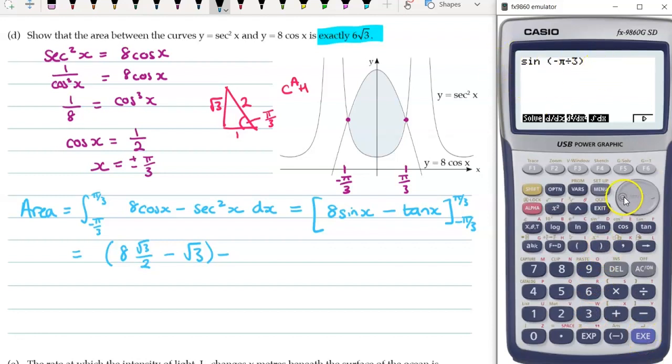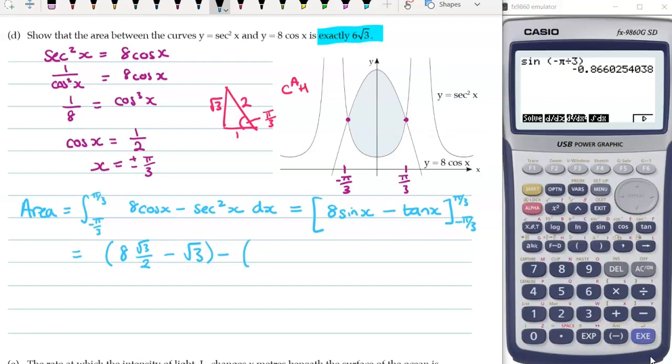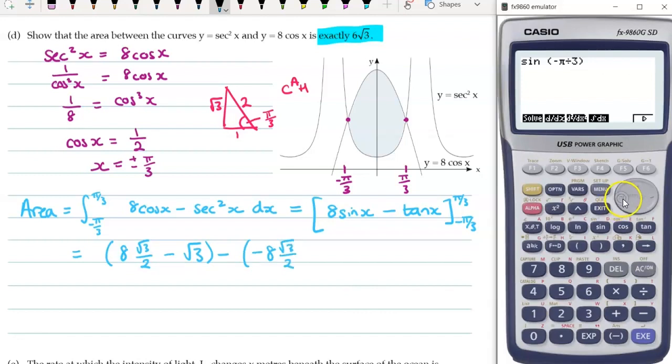So where I previously on the first one would have done that pi by 3, if I put in a negative pi by 3, then sine of that answer gives me the negative, and it'll be of the same size. So I know that this will be a negative 8 root 3 over 2. Let's do the same if I'm doing tan. Let's go back up here.